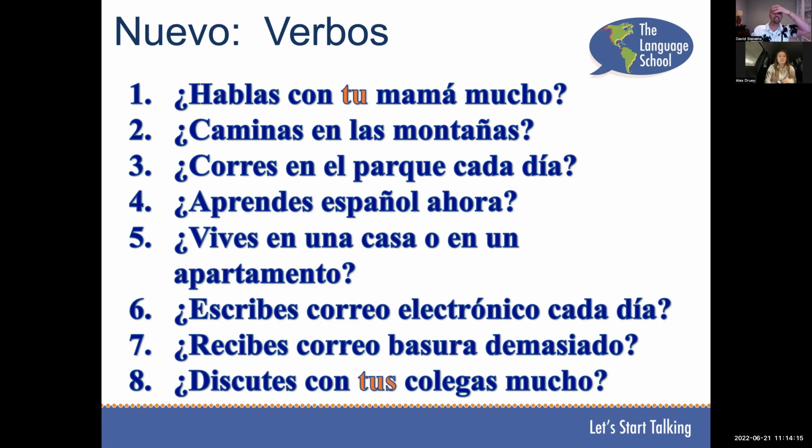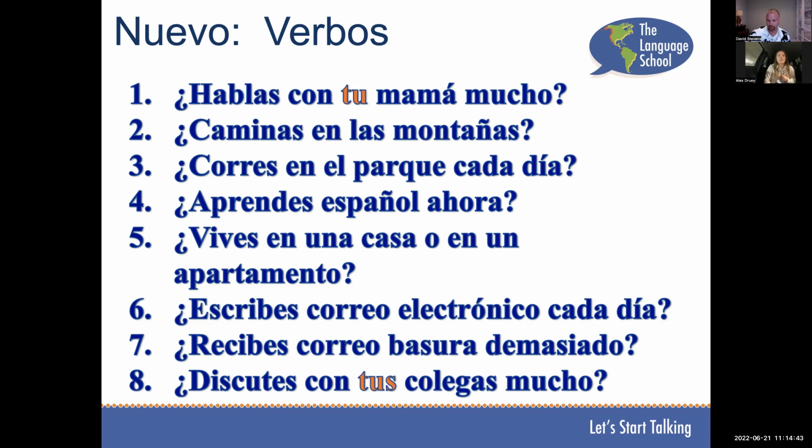¿Caminas en las montañas? Sí, camino en las montañas. ¿Corres en el parque cada día? No corro en el parque cada día. ¿Aprendes español ahora? Sí, aprendo español ahora. ¿Vives en una casa o en un apartamento? Vivo en una casa. ¿Escribes correo electrónico cada día?